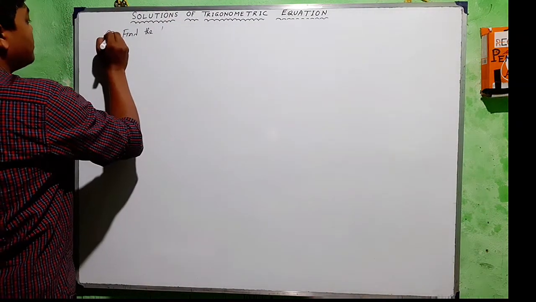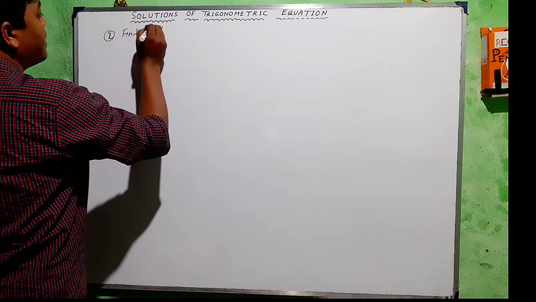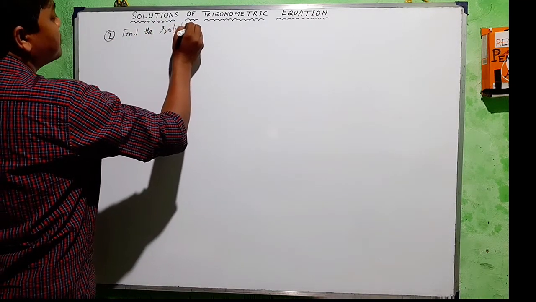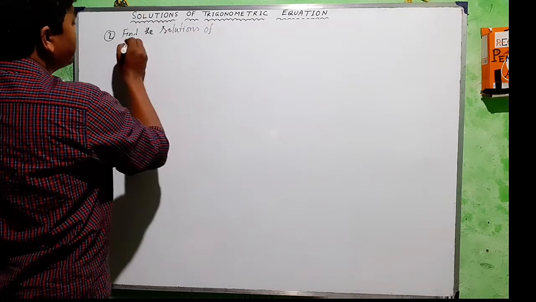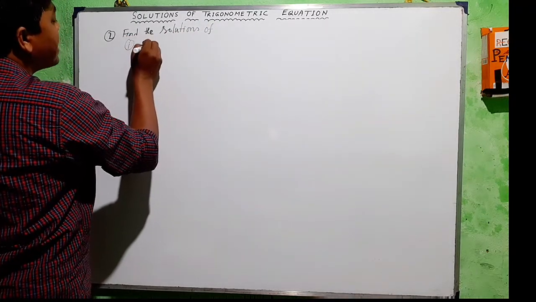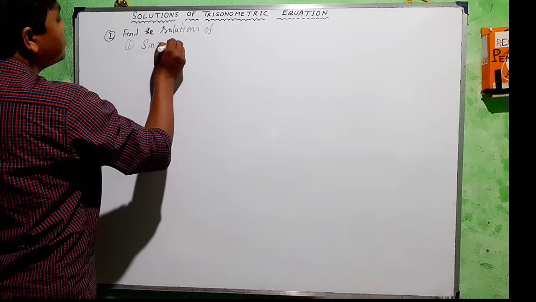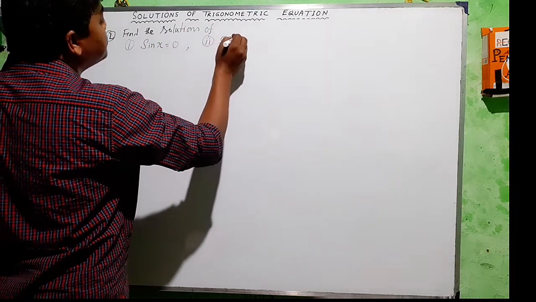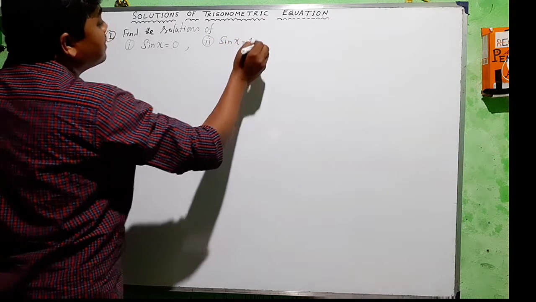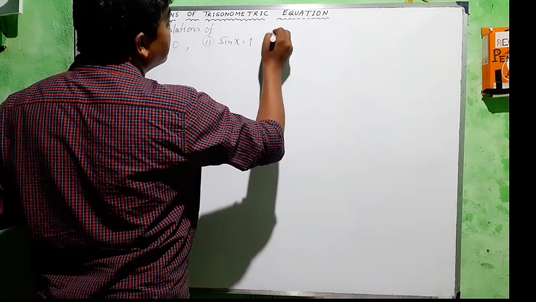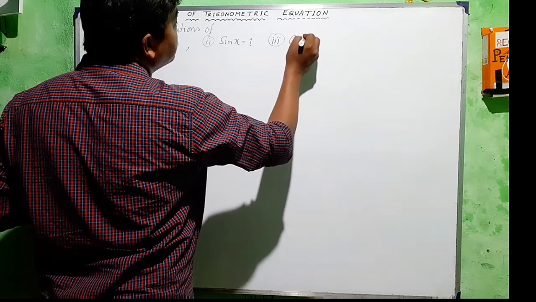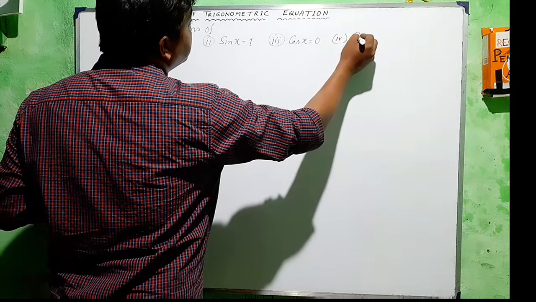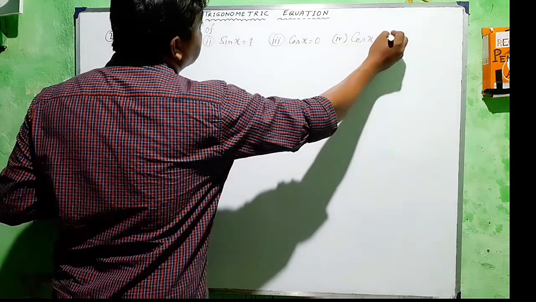Find the solutions of: number 1, sin x equals 0; number 2, sin x equals 1; number 3, cosine x equals 0; number 4, cosine x equals 1.